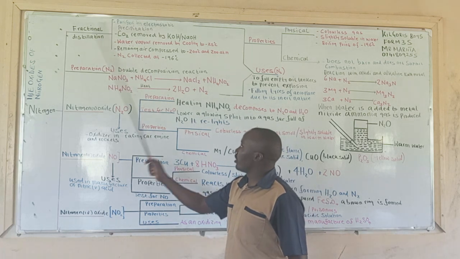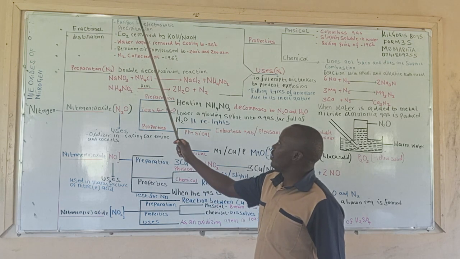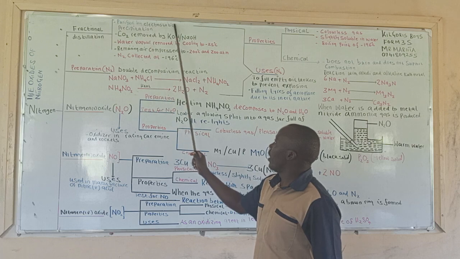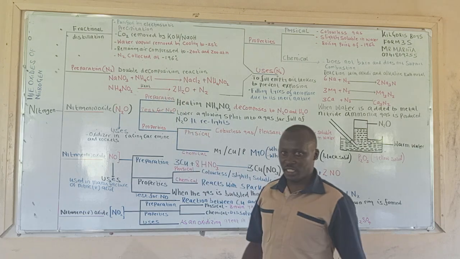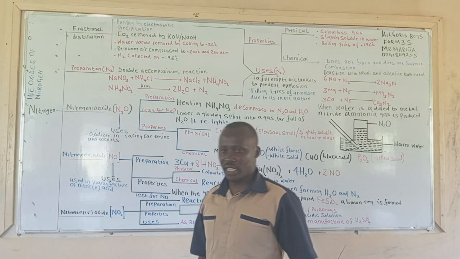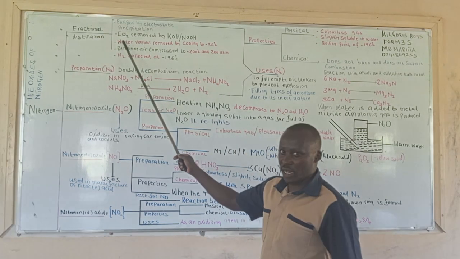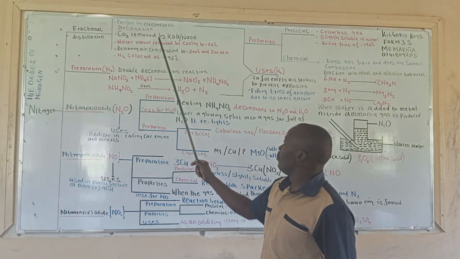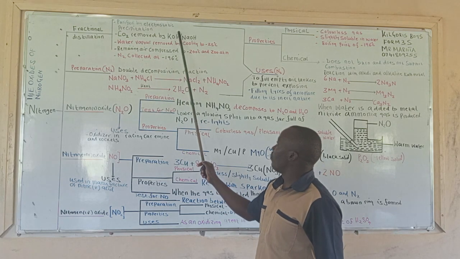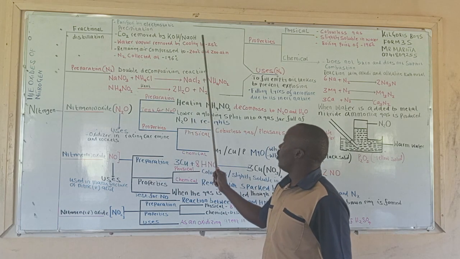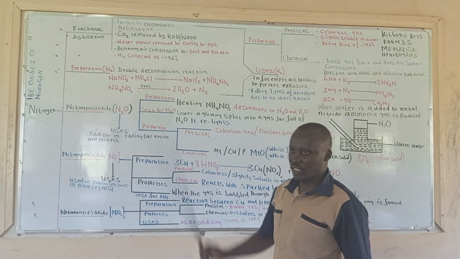In fractional distillation, the air is first purified by electrostatic precipitation to remove impurities and dust particles. Then carbon dioxide, which is also a component of air, is removed by passing through potassium hydroxide solution or sodium hydroxide solution.